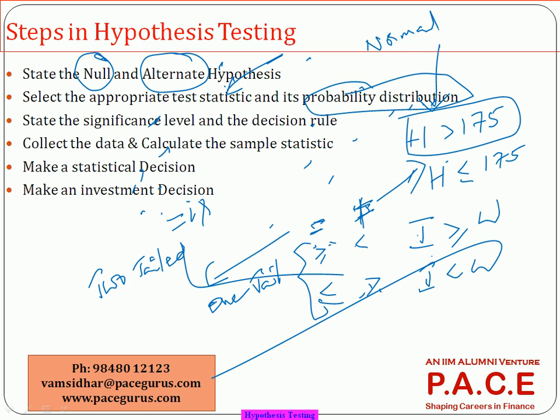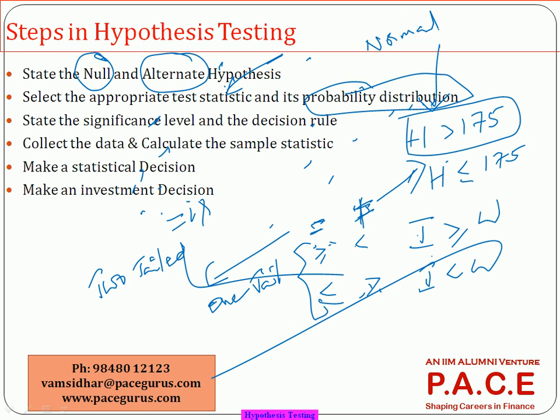Sample size less than 30 but still normal, you can go for a t distribution. There are many other variants, but our scope is only up to this. There are 30, 40 kinds of distributions in the space, but our scope is normal and t as of now.